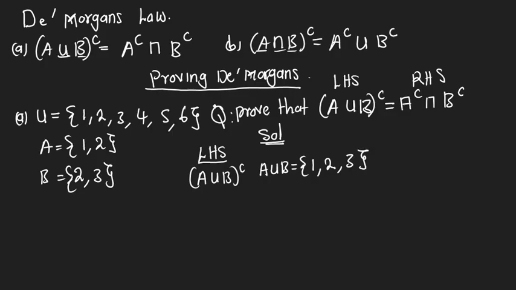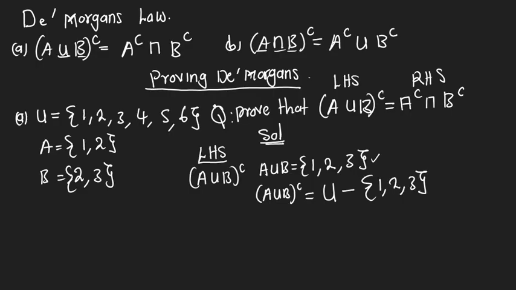Now we have been taught that we now find A union B complement. Complement simply means outside of. So all the numbers that are going to remain if we remove this particular set. In this case, it is simply the universal set minus 1, 2, 3.